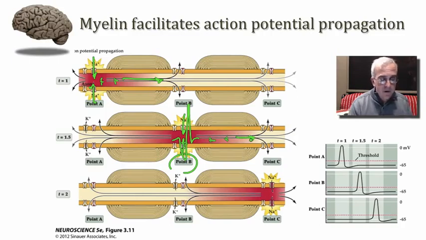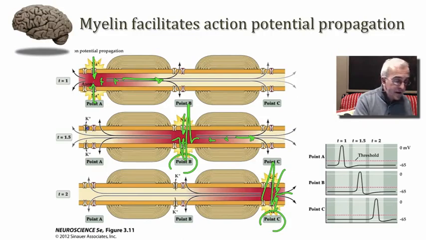And that positive charge now, again, effectively, passively diffuses down that axon and reaches our third point, point C, again regenerating the action potential as sodium ions rush in. Meanwhile, upstream at each of these sites, there is the delayed opening of potassium channels.